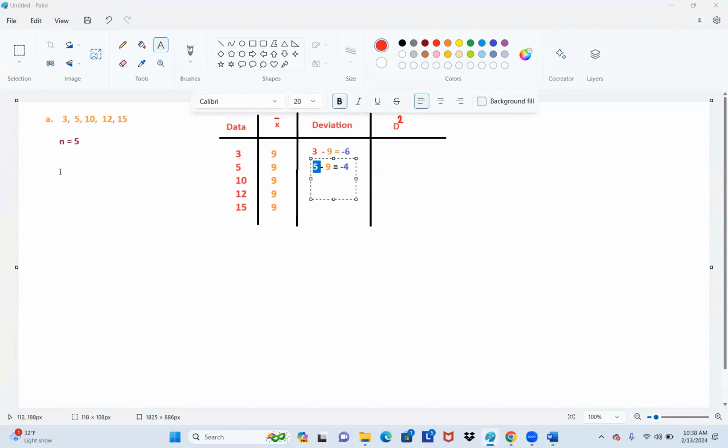Now is just the average. The average that we computed, x bar equal to 9, we just add them up, divided by 5, you get 9. So we computed it in the first part.